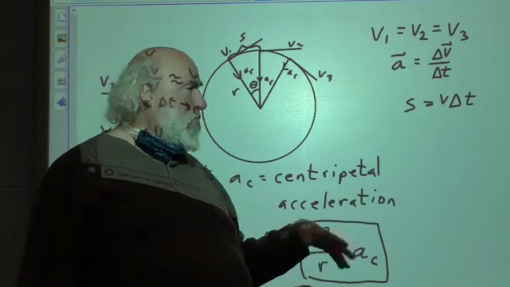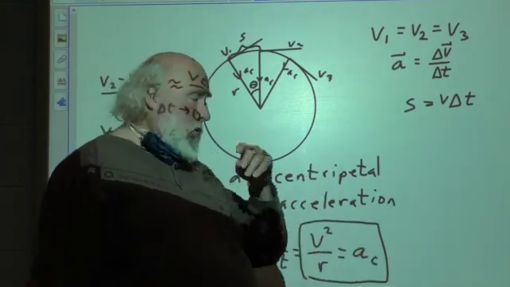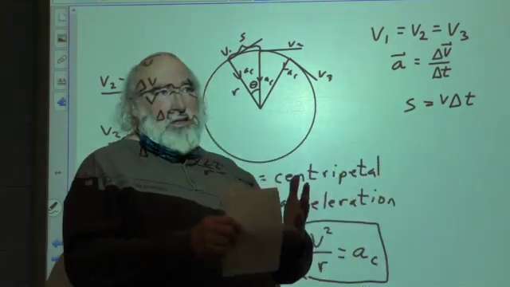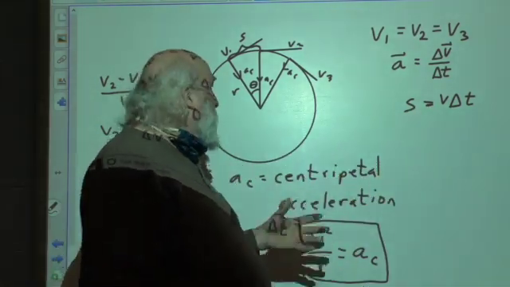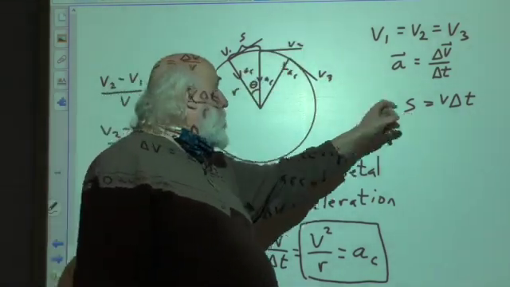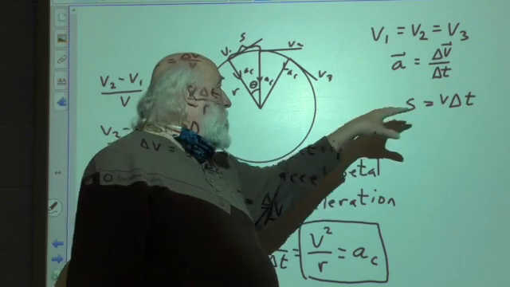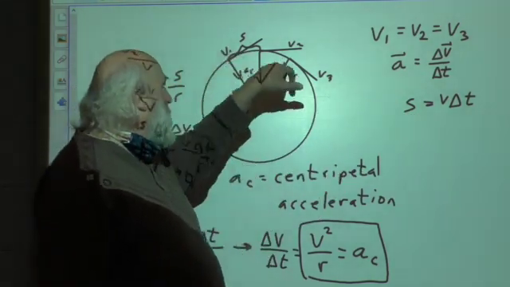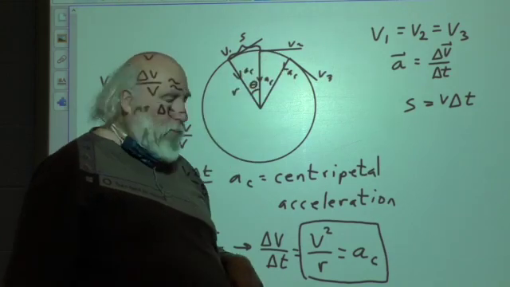Not sure why, but it's there, and we have to deal with it. And as you know, distance is velocity times time. So if you take a look at the velocity at each of these points, the distance traveled is the velocity times the time it took to go from point A to point B and point B to point C.